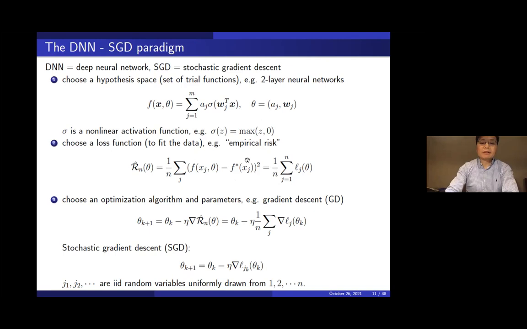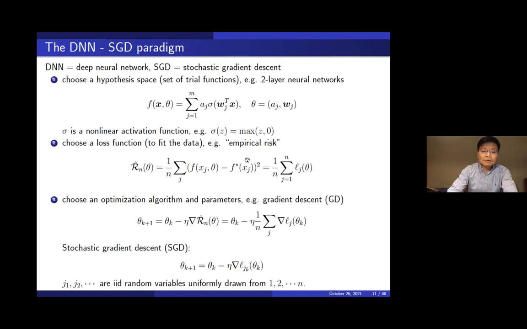The third step is to choose an algorithm to solve the optimization problem. For example, the simplest is gradient descent. That's just this. At each step you compute the gradient and you move in the direction of the negative gradient. I should have a theta there. Sorry.